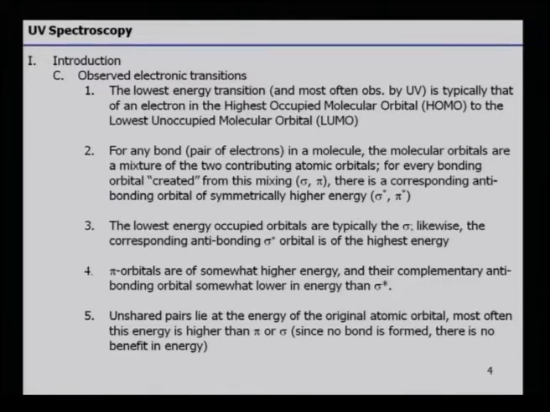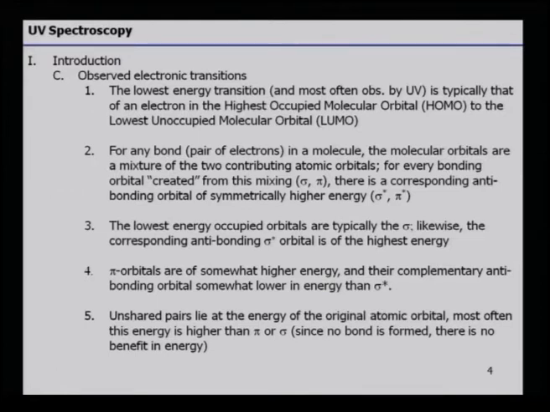The lowest energy occupied orbitals are typically the sigma. Likewise, the corresponding antibonding orbital is sigma star, and it has the highest energy. Pi orbitals are somewhat higher in energy, and their complementary antibonding orbitals are somewhat lower in energy than sigma star.